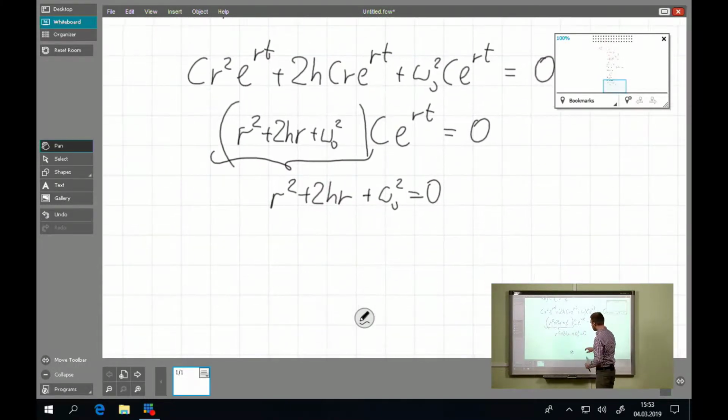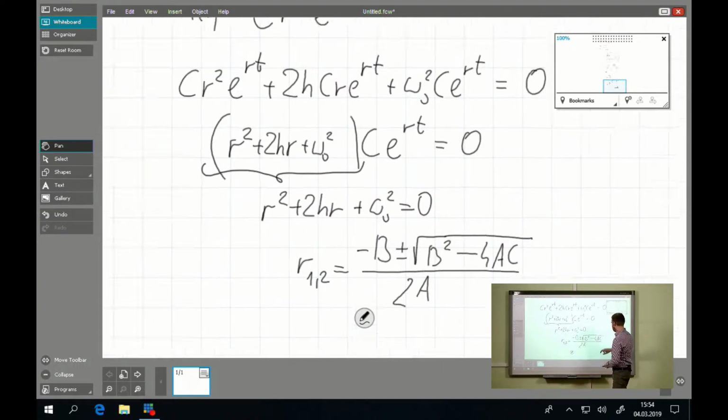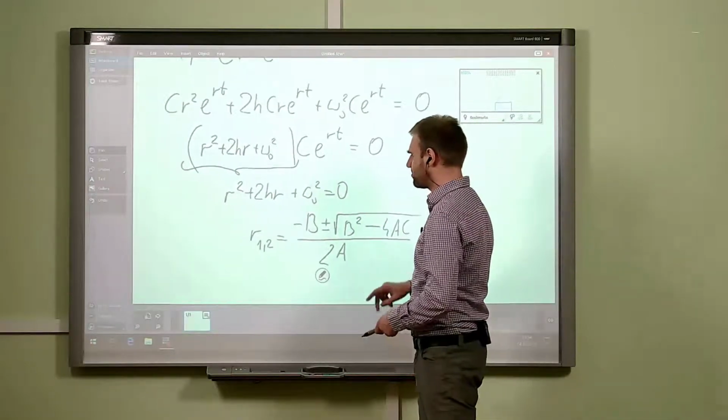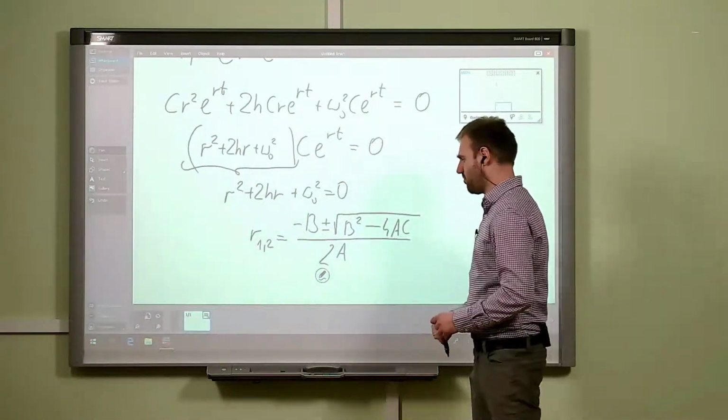Okay, and we see a simple quadratic equation, two roots r1,2 in the form minus b plus minus square root of b squared minus 4ac, over 2a.